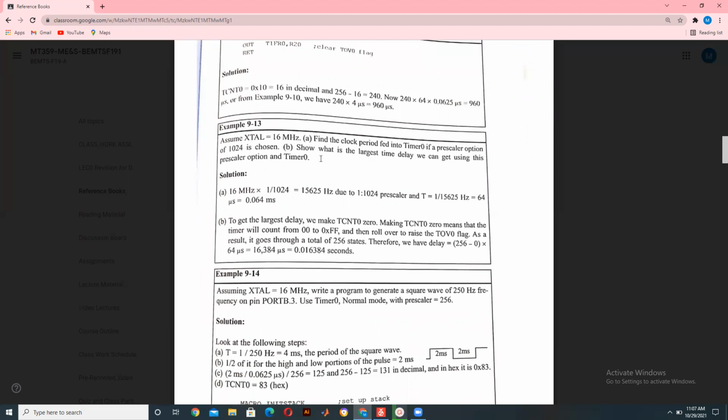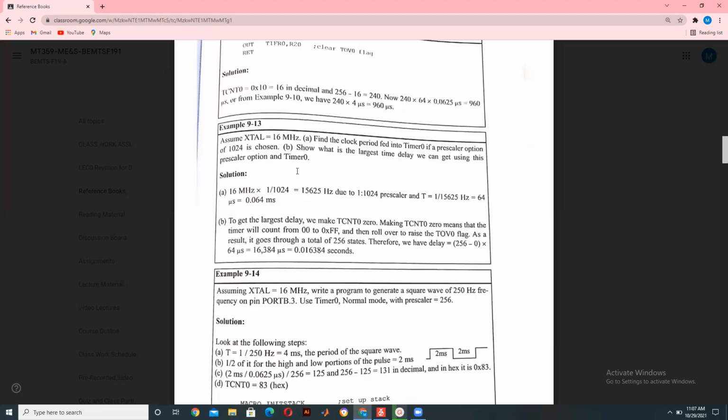Now 16 MHz multiplied by 1 divided by 1024 gives the clock fed into Timer0 with this prescaler option.